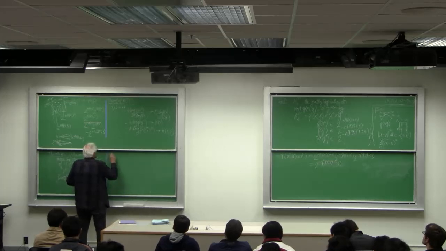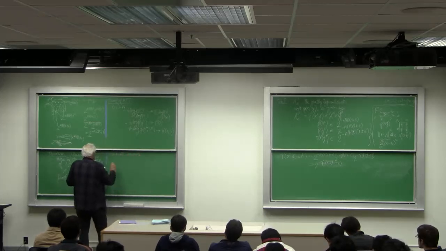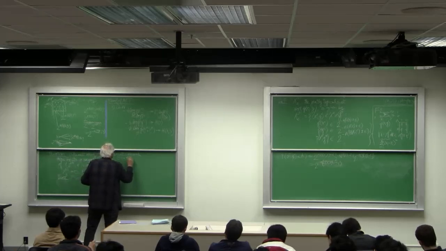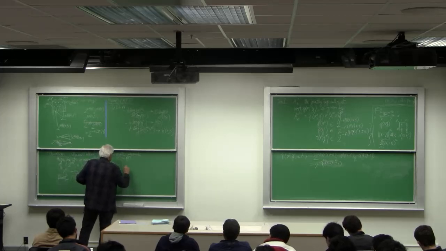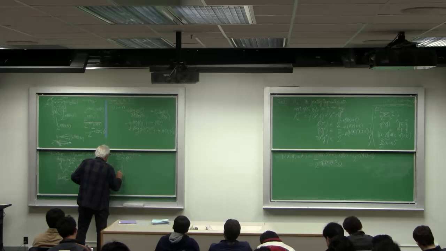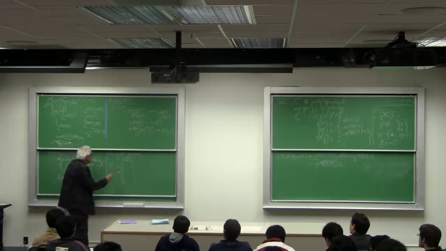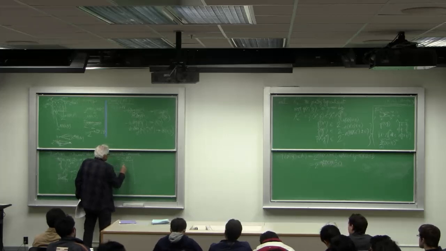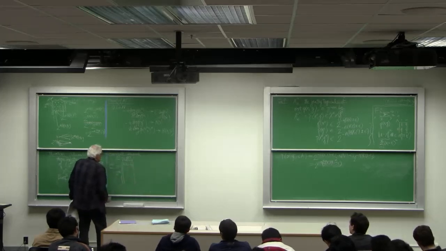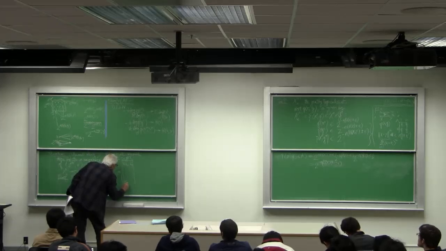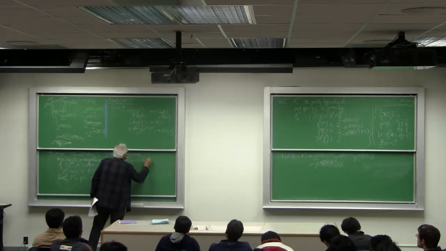So we generate a codebook C according to P of X. C consists of 2 to the NR code words of block length n, and every element, this is x11, x12, x1n, down to x2 to the nr, 1, and so on. These are all IID according to P of X.